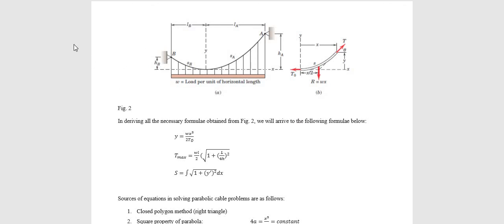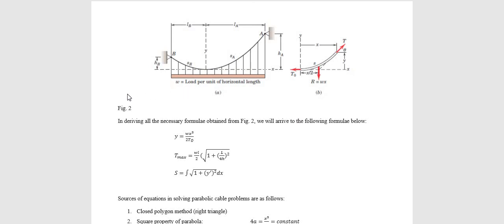Take note, the weight of an object is at the center of the loading and not on the cable. Meaning, if we analyze this length from B to A, the weight is at the center of the loading, not at the center of the cable.